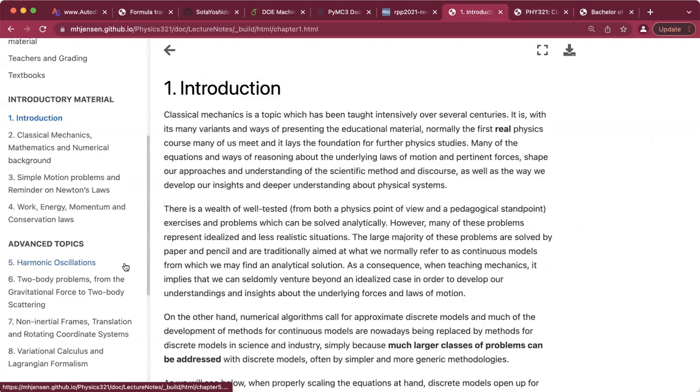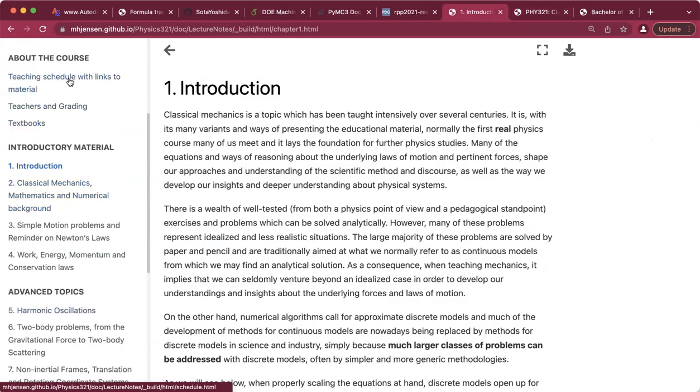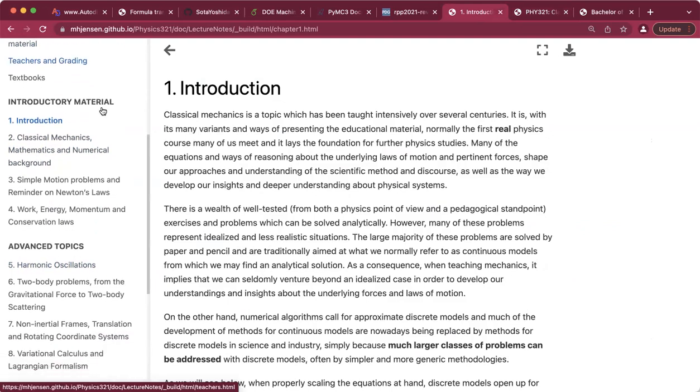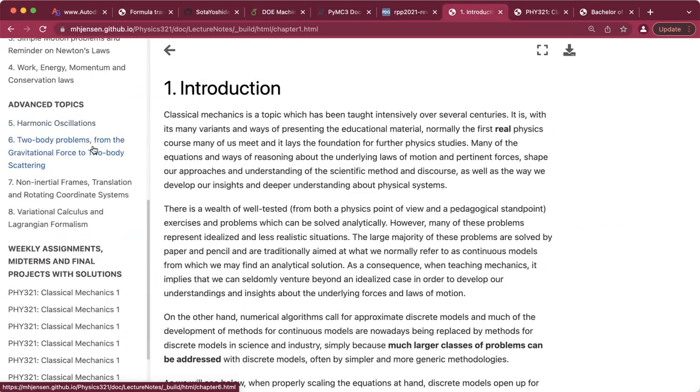There you will also find the weekly schedule with the link to videos and handwritten notes and everything. And you also have a more coherent collection of the teaching material, which we have also presented in terms of weekly slides.